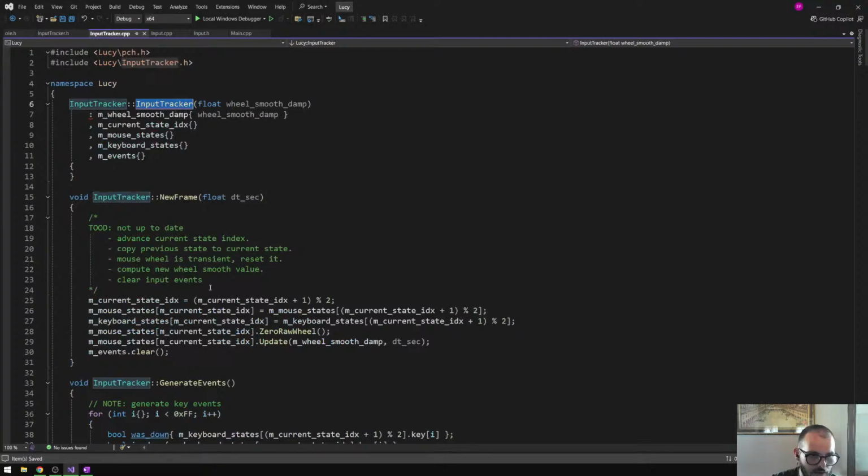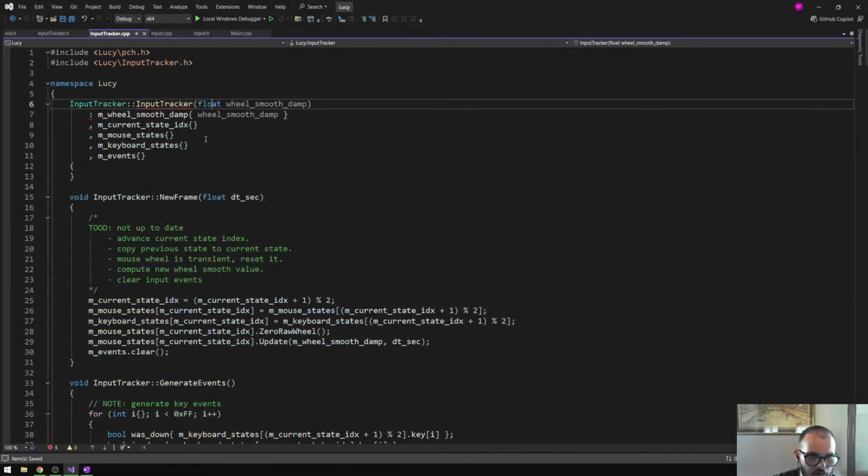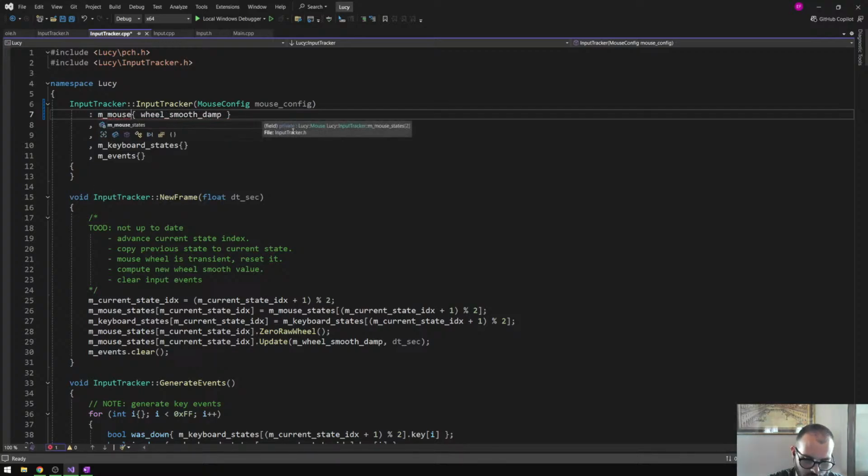Mouse config. The input tracker obviously says, dude, I don't have mouse, so I can just move away the tablet.